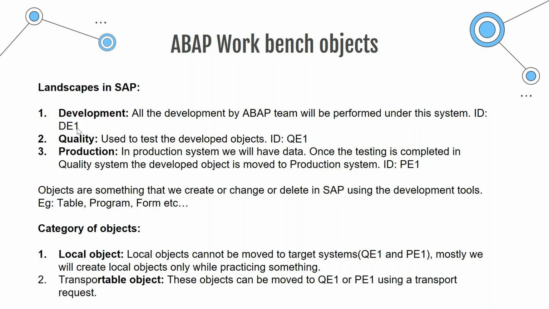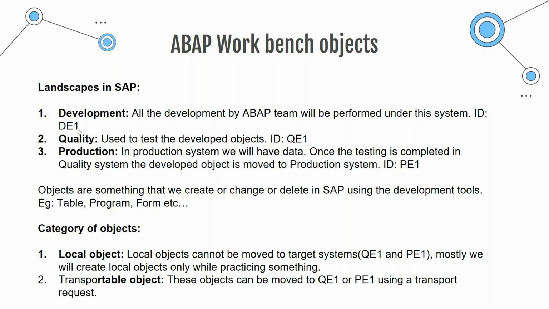Your functional team is nothing but your testing team. So all the development work that you did in the development system DE1, you have to transport to the quality system. How transport works, what transport is, we will talk about later, but let's understand the landscapes for now.